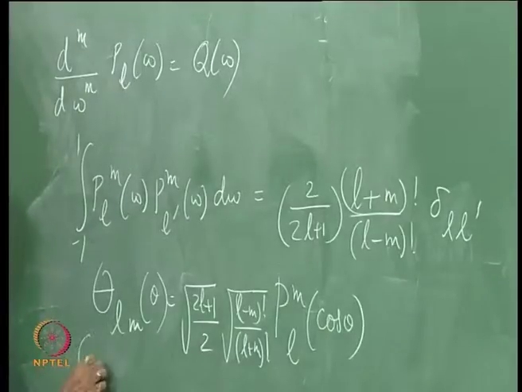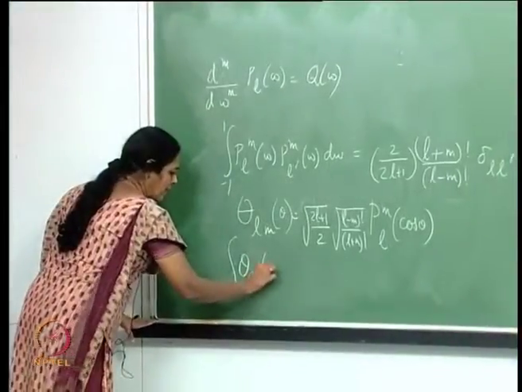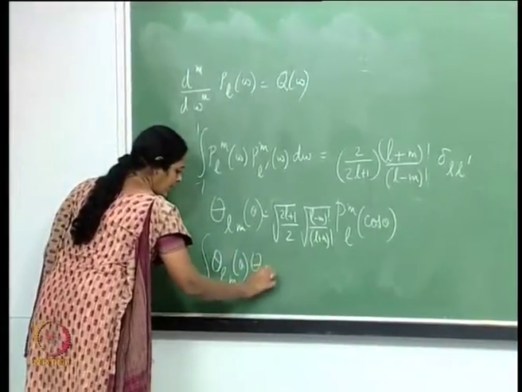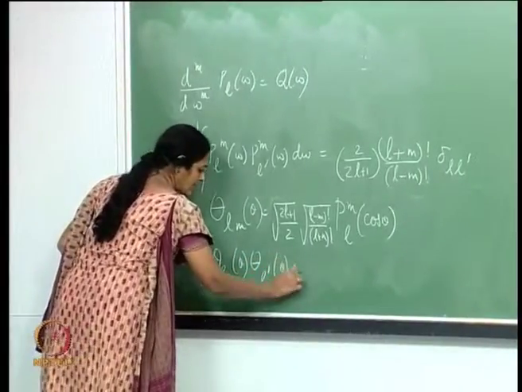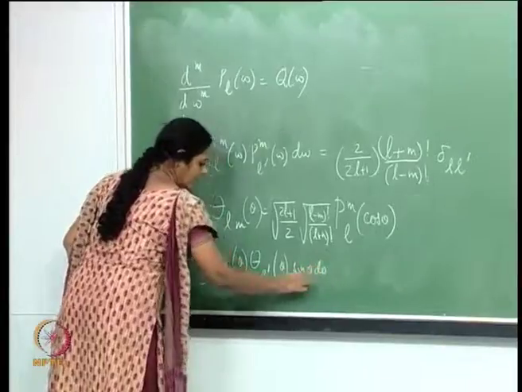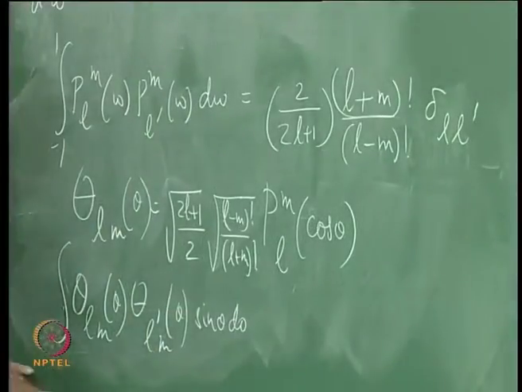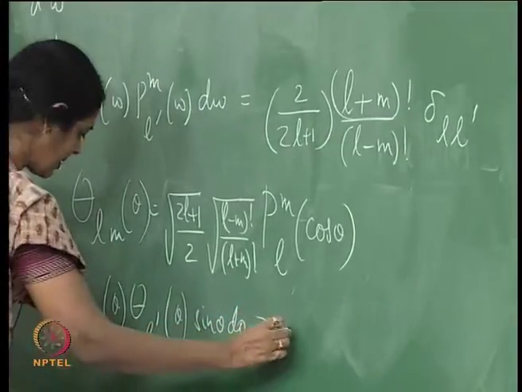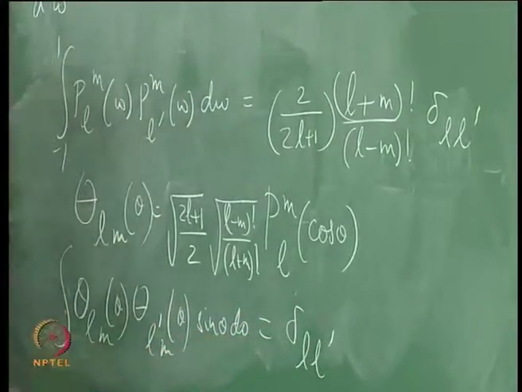Then it is clear that the integral of theta L m of theta, theta L prime m of theta, sin theta d theta, because that is d cos theta, theta itself going from 0 to pi, is delta L L prime.